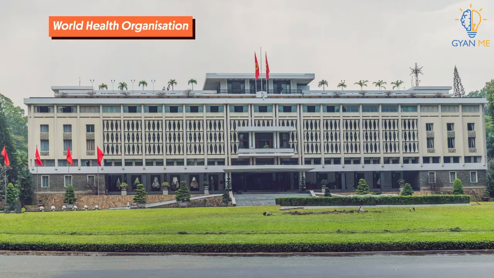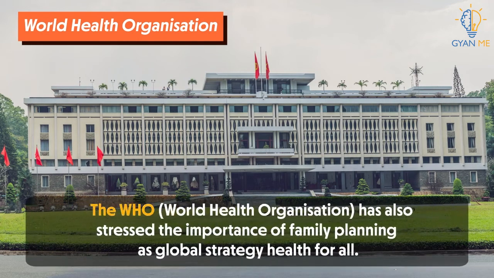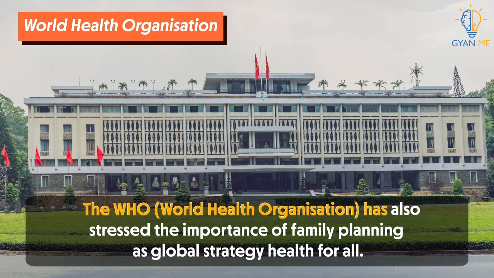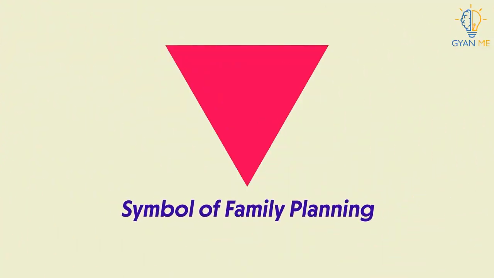The World Health Organization has also stressed the importance of family planning. In fact, it has played a key role in global strategy for health and welfare of all global communities. This inverted red triangle that you see is a symbol of family planning adopted by India.